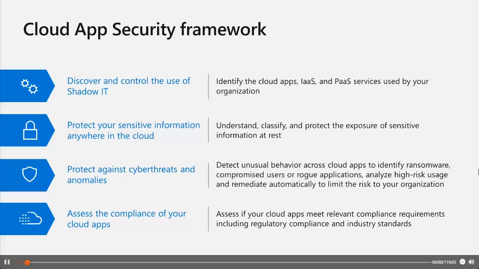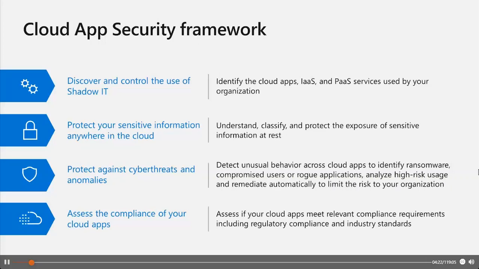Microsoft Cloud App Security natively integrates with other leading Microsoft solutions and is designed with security professionals in mind. So it provides simple deployment, centralized management, and a lot of great automation capabilities.